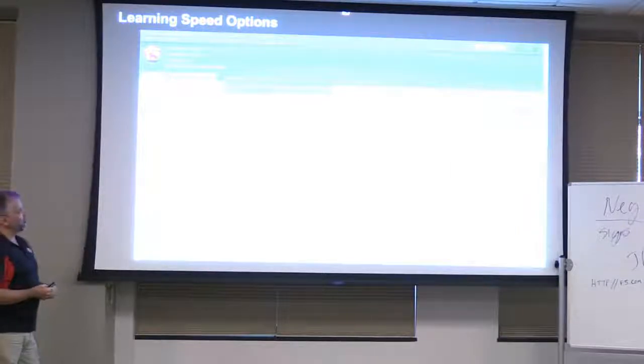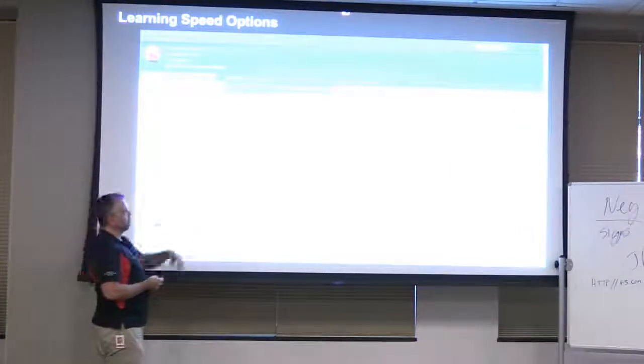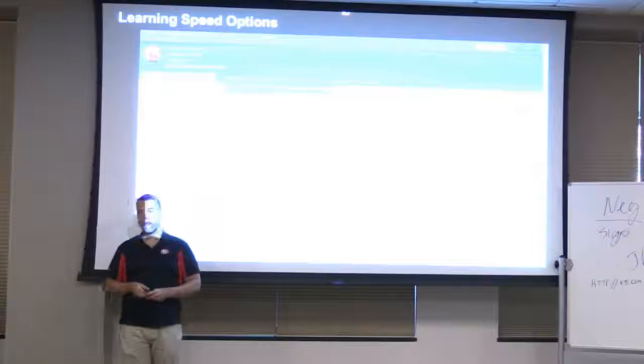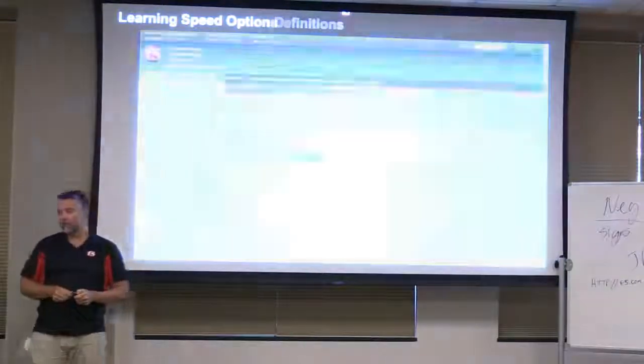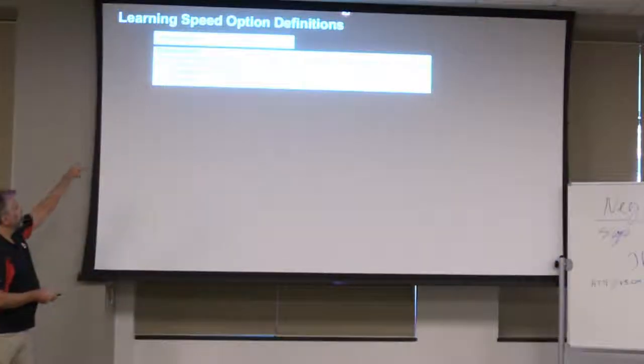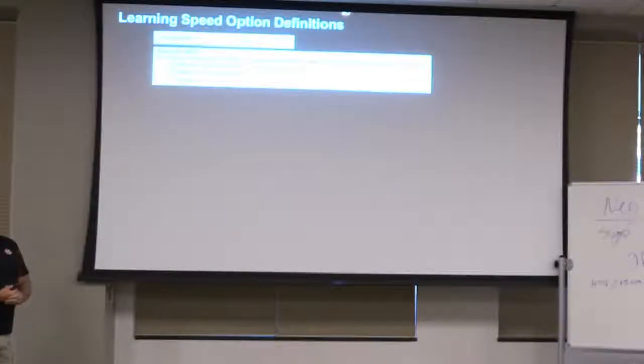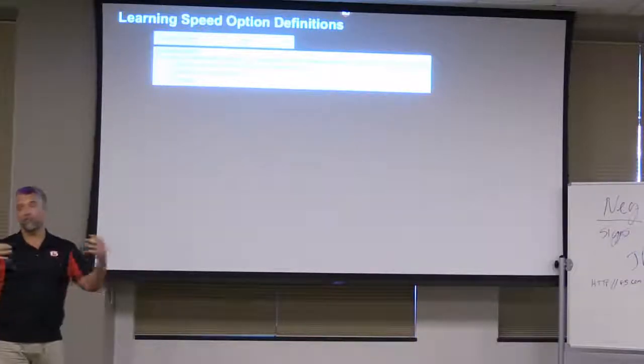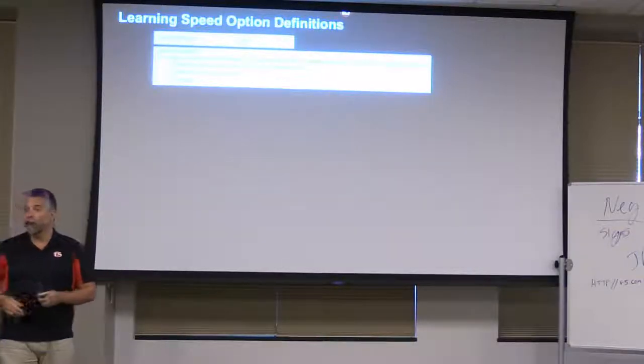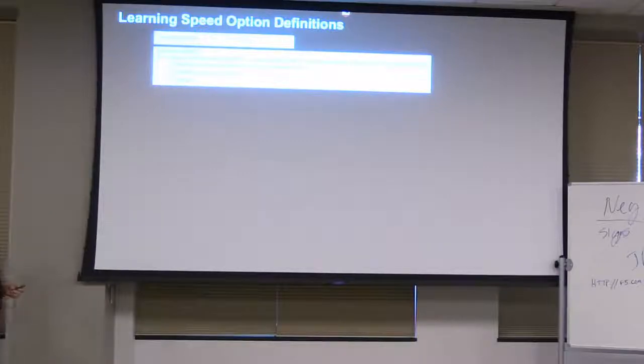We also have this method here, learning speed: fast, medium, slow. What that does is it changes the untrusted values. So for fast, it only needs requests from 10 different sources over a smaller period of time, half an hour.